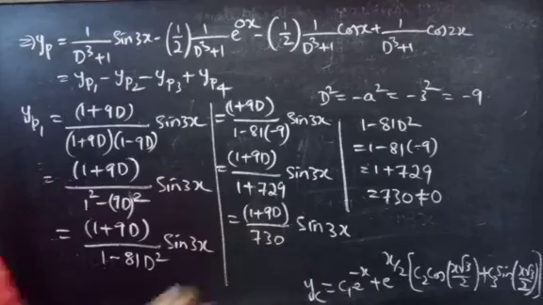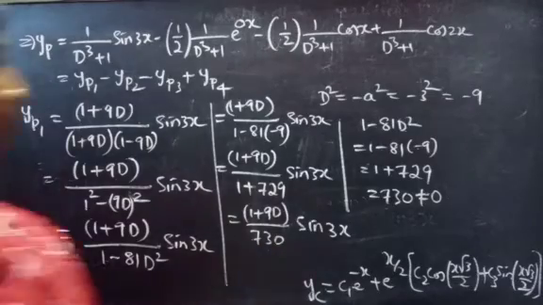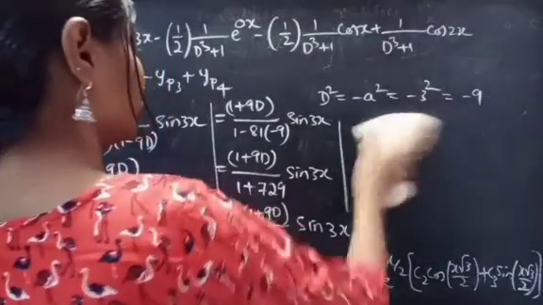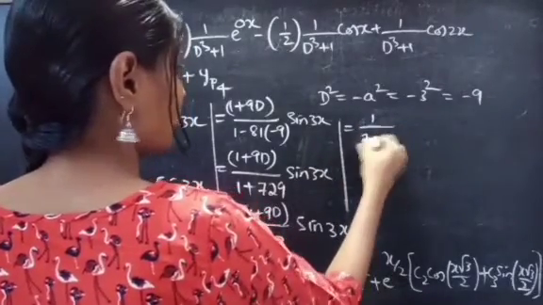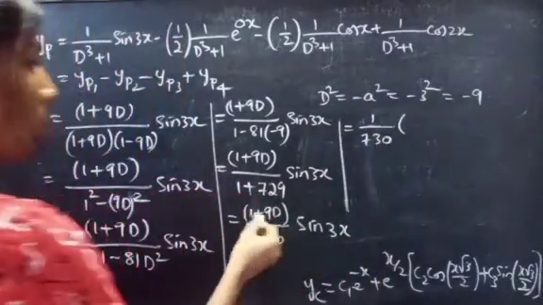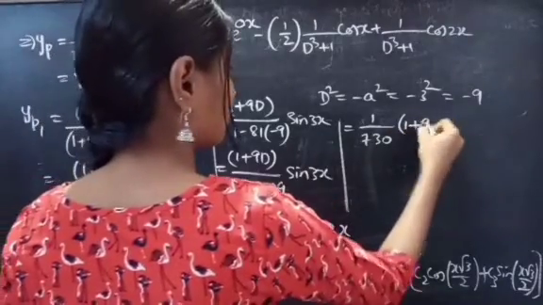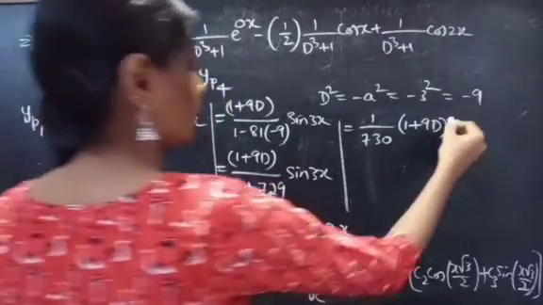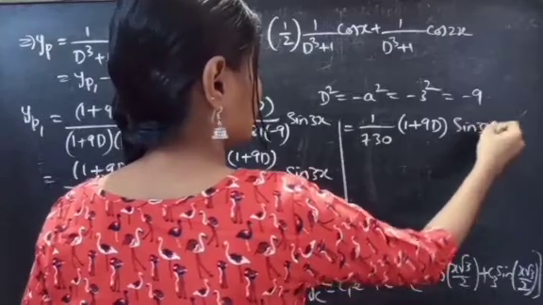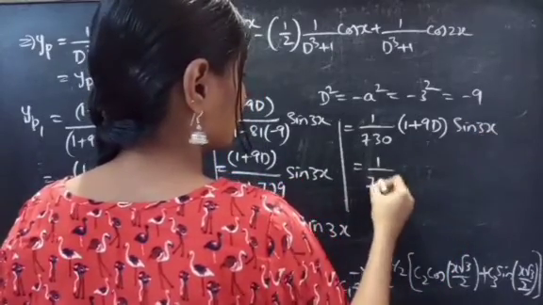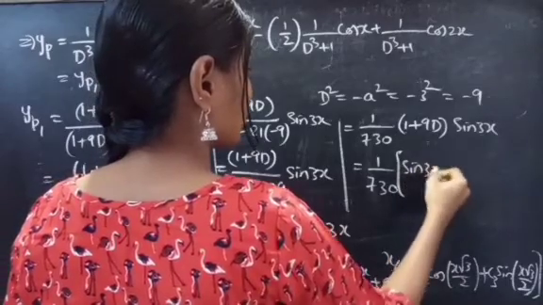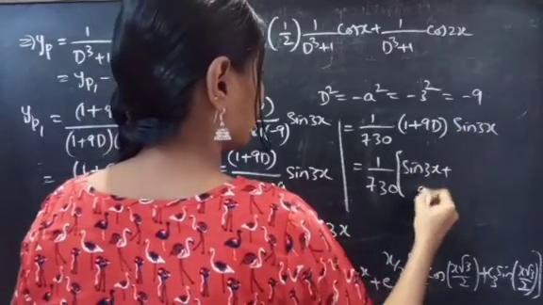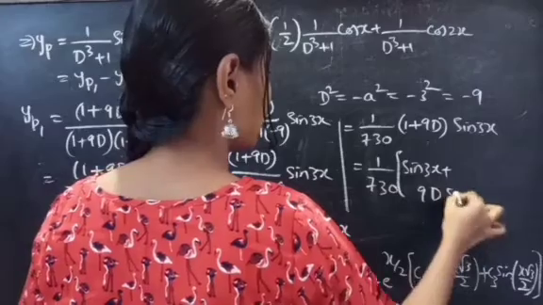Again, we can split this as 1 by 730 into (1 plus 9D) into sine 3x, which gives 1 into sine 3x is sine 3x plus 9D sine 3x.